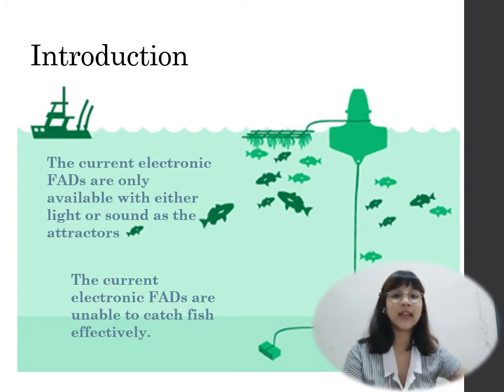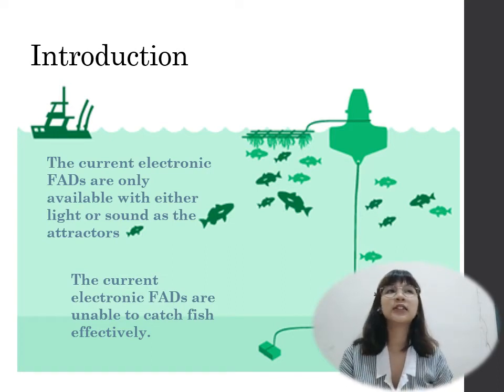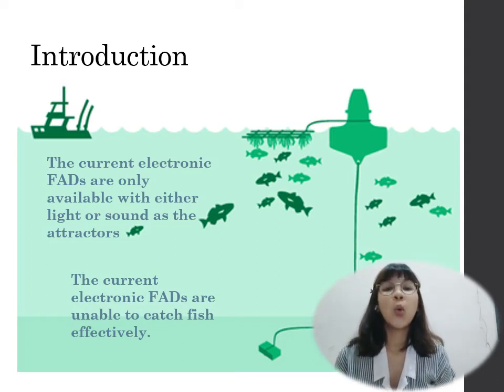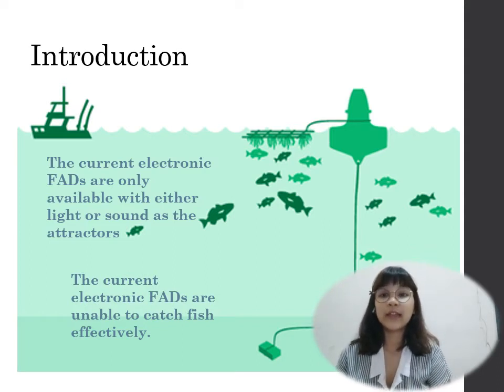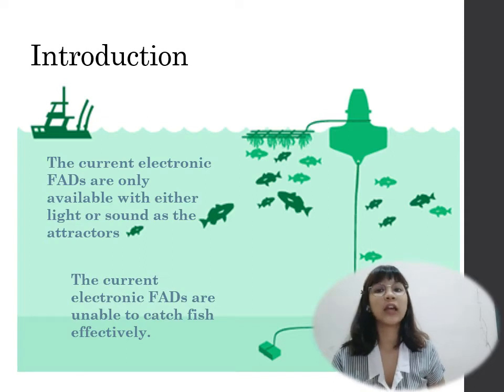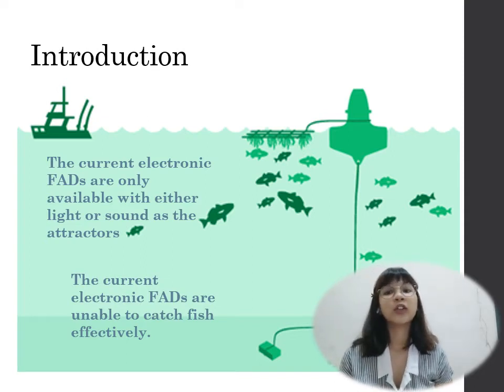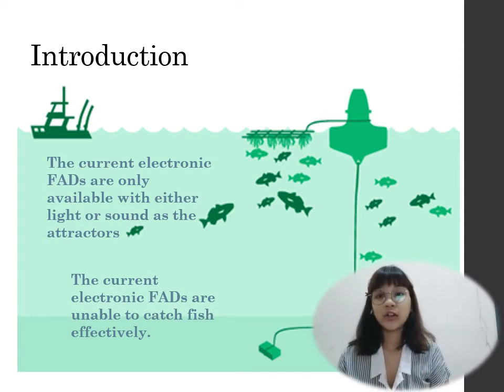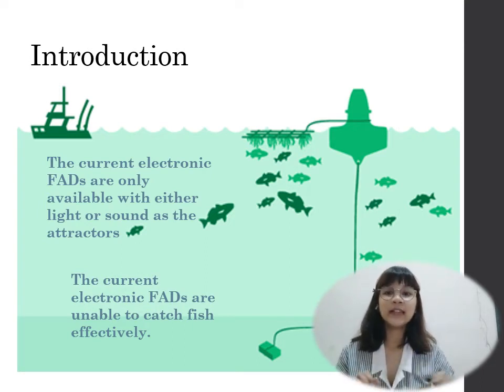The basic FAD uses only seaweed or leaf or such organic material for the attractors, while the electronic FAD uses light or sound as the attractors. That's why it's called electronic. And the attractors are tied up with the things that keep them afloat.